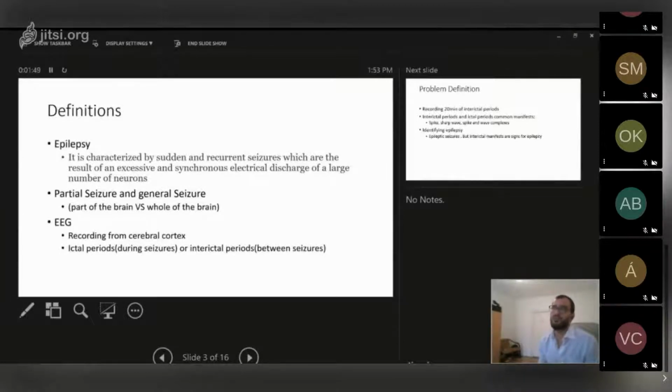It's related to normal brain functions, characterized by the existence of abnormal synchronized discharges, which can be known as paroxysmal activity. This can occur in some part of the brain, known as partial seizures, or in the whole brain, known as general seizures.